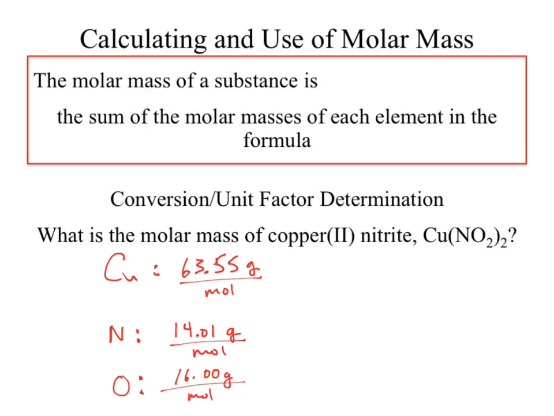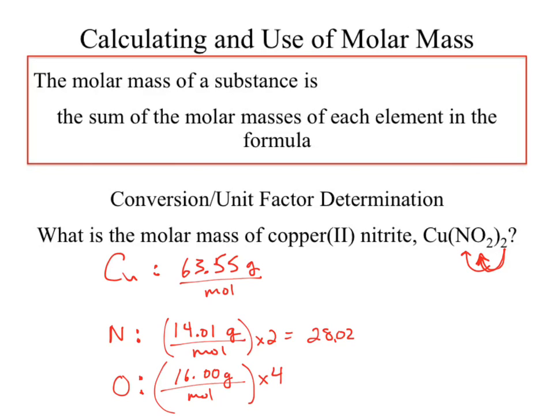What do we have to account for? The 2. We have to account that in our formula, this 2 applies to whatever's in front of it, including the nitrogen. So we have to multiply our 14 by 2 to get 28.02. We have to multiply our 16 by 4.